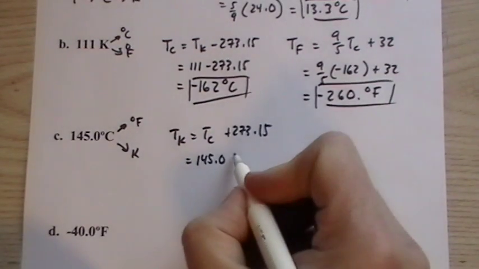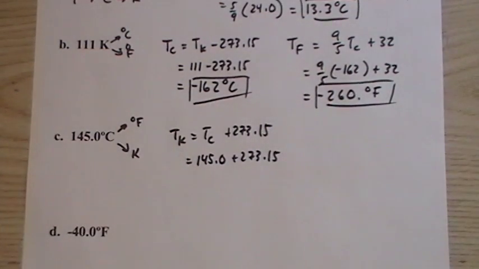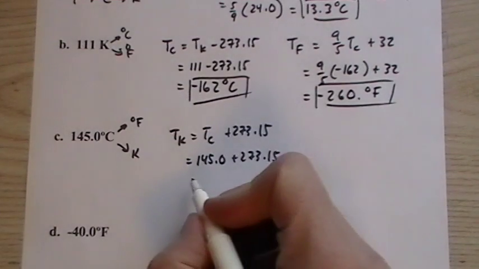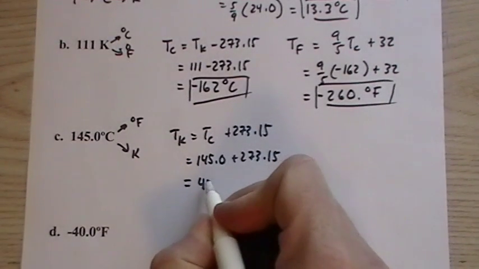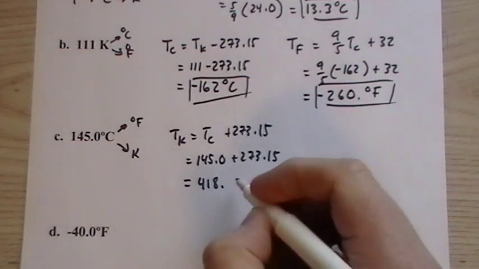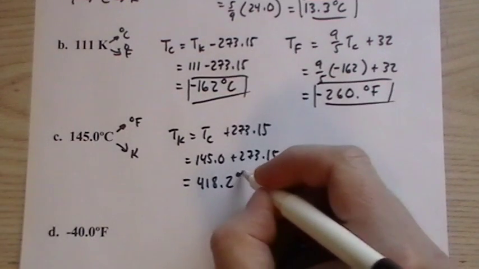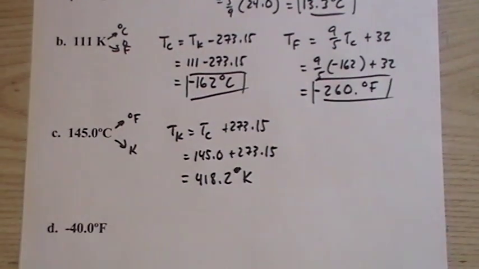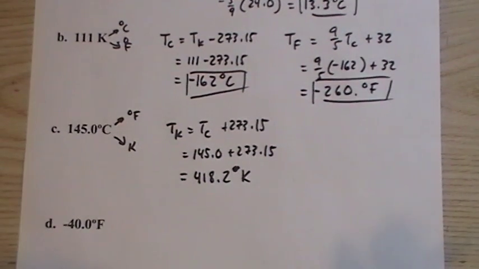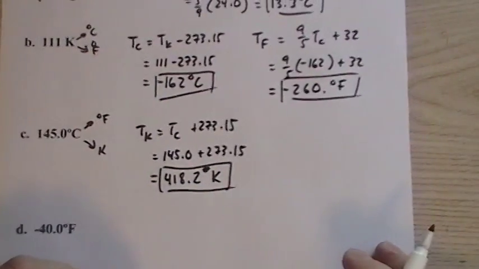We have the tenths place here too, so it's good to have that 0.15 on the end. 145.0 plus 273.15, and this comes up to be 418.15, so we're going to round that to 418.2. So this would be, no degrees here, that's just Kelvin. Used to be degrees Kelvin, actually, when I went to school, but it's now just no degree sign.